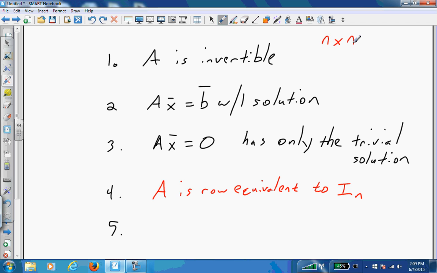So if it's a 3 by 3 matrix for A, then this would be a 3 by 3 identity matrix. So if you can reduce A down to the identity using row operations, then as long as you can take one matrix and change it into the other with the row operations, they are said to be row equivalent. And lastly, A can be written as a product of elementary matrices.